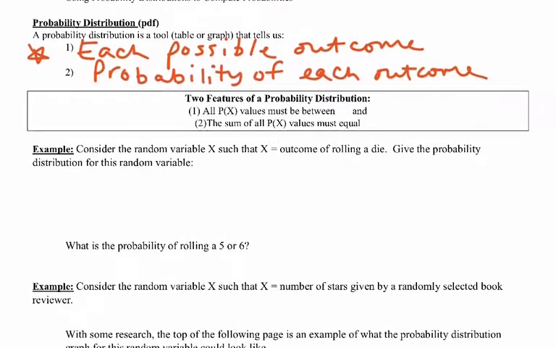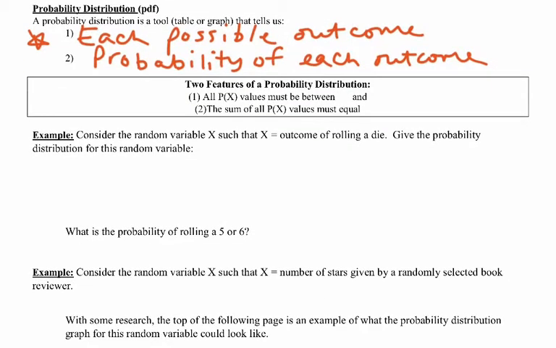So two features for probability distribution, all of the probabilities, and by the way, remember this notation from Chapter 5, so capital P of X, this notation right here, that means the probability. So if X is the event or the outcome, all probabilities of each outcome must be between 0 and 1. And that should make sense based on what we talked about in Chapter 5.